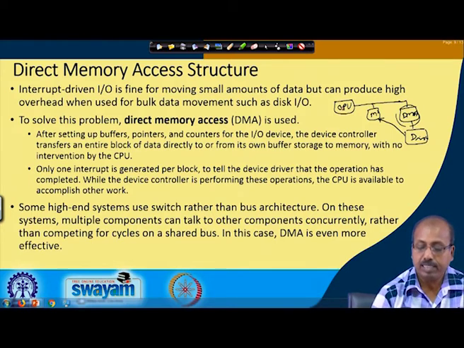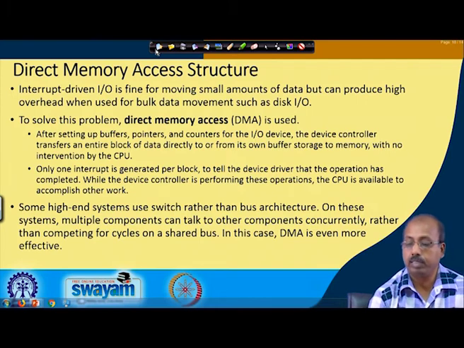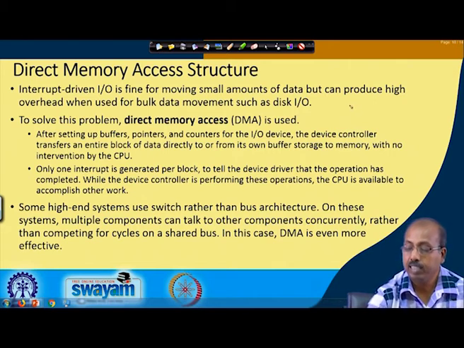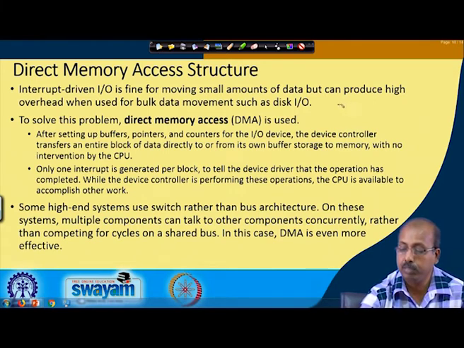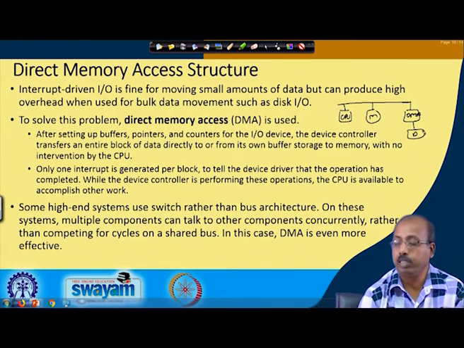Some high end systems use switch rather than bus architecture. The type of architecture that we have used here is a bus. The problem with the bus is that, if this is a bus to which the CPU is connected, the memory is connected, and my DMA controller is also connected, and the devices are connected through the DMA controller.